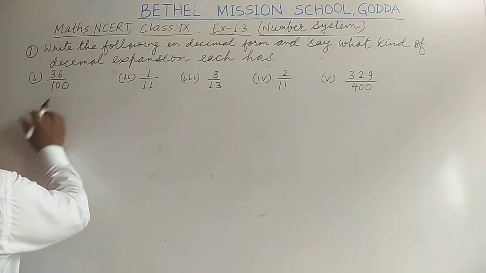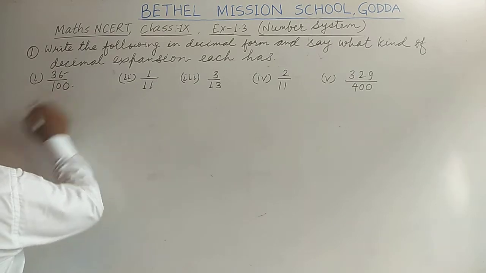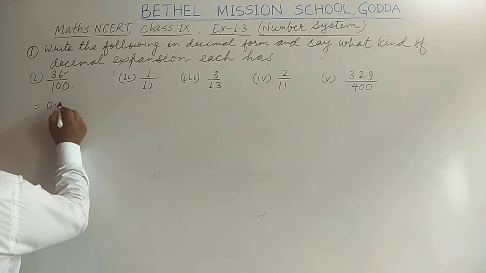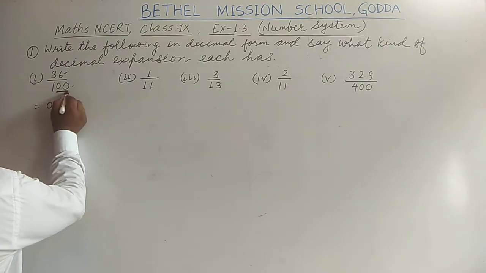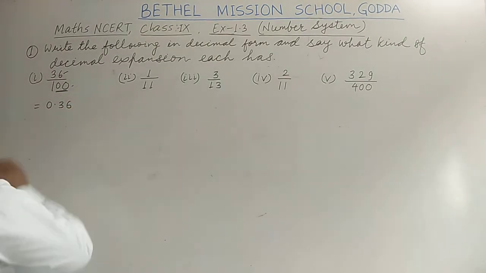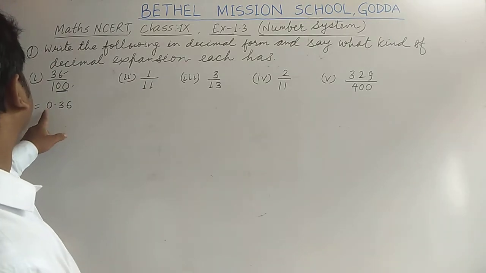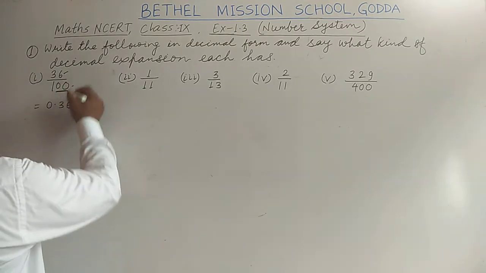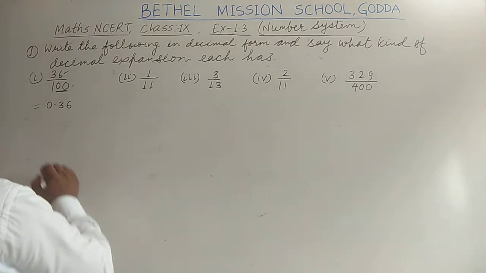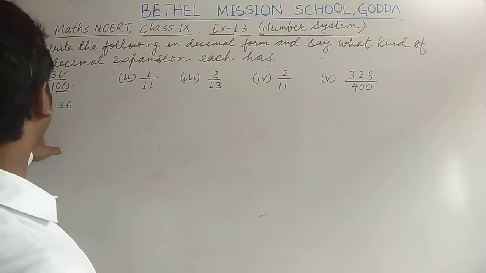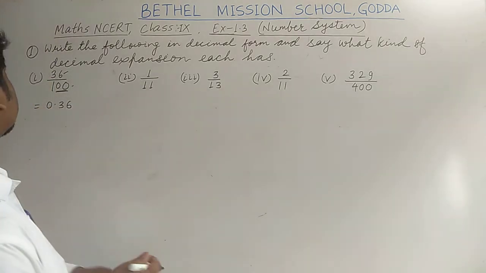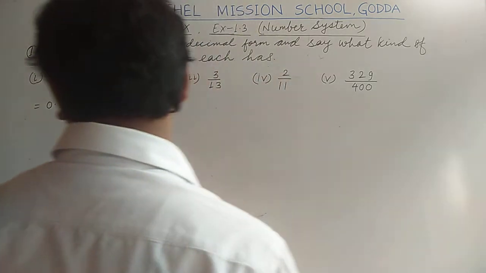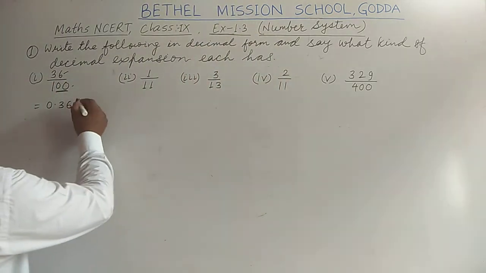If you divide this 36 by 100, then you will get 0.36, because two zeros are there. So after two digits, you will put the decimal. So 0.36 terminated here only, and this decimal expansion is terminating and non-repeating, only terminating decimal.